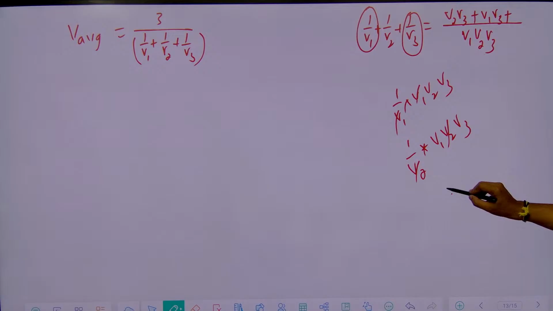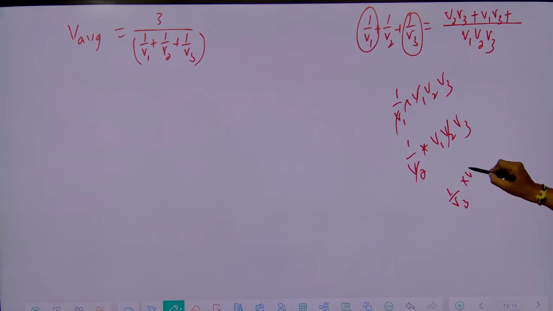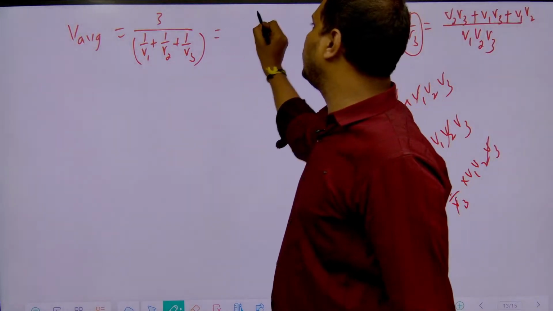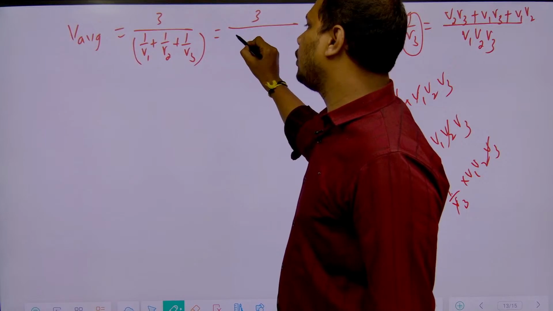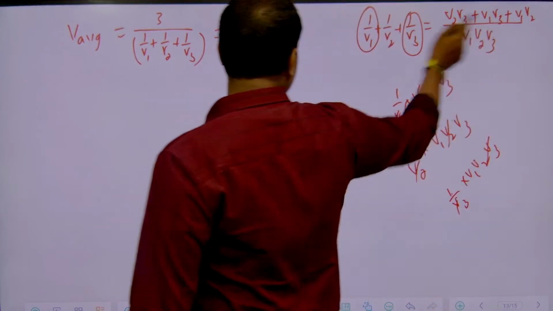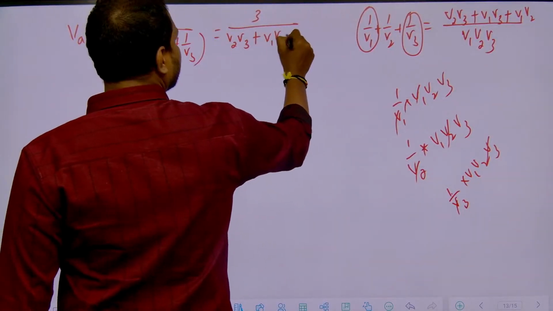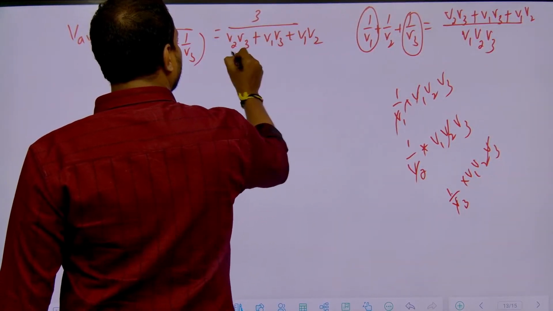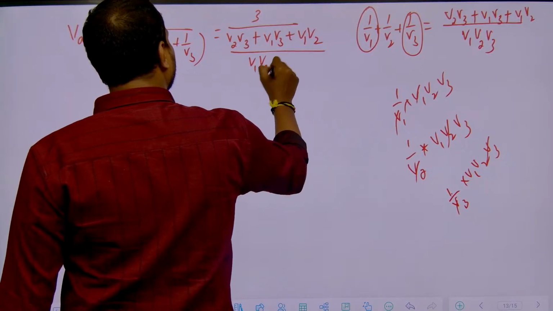Everyone remember? You know how to do LCM, right? Then 1/v3 into the third part v1v2v3, cancel v3 and v3, leaving v1v2. So the LCM of these three gives 3 divided by: the first term is v2v3 plus the second term v1v3 plus the third term v1v2, whole divided by v1v2v3.